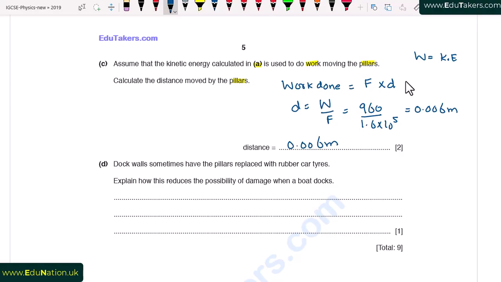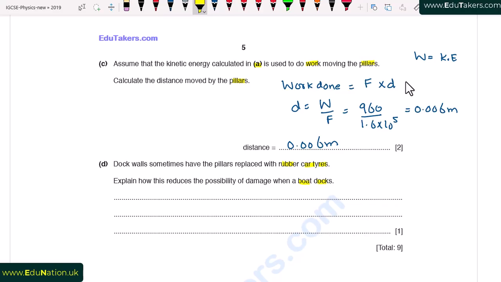Next part D. Dock walls sometimes have the pillars replaced with rubber car tires. Explain how this reduces the possibility of damage when a boat docks. So when the dock is topped with car tires instead of the pillars, then the time of contact is greater for tire and boat as compared to the tire and pillar.